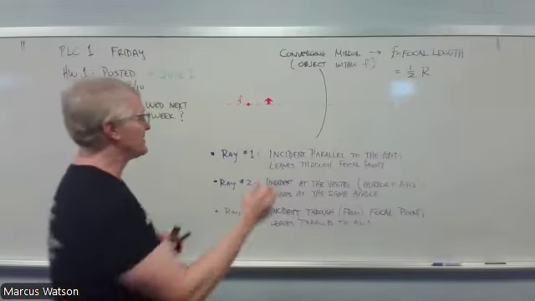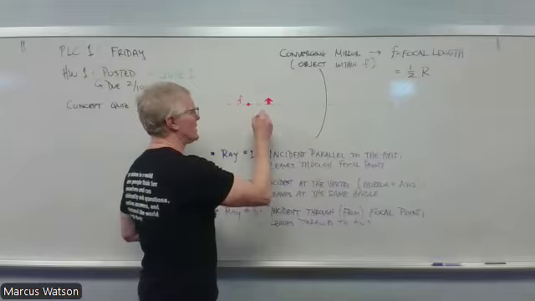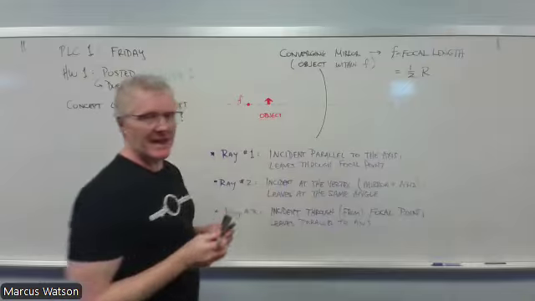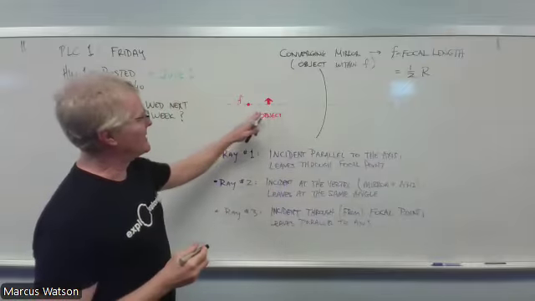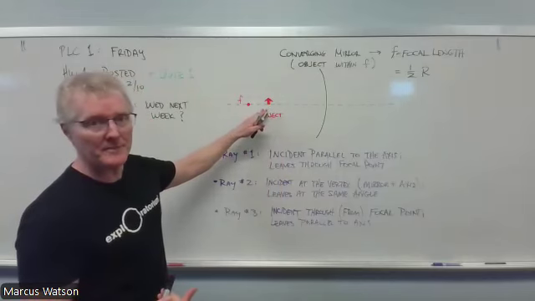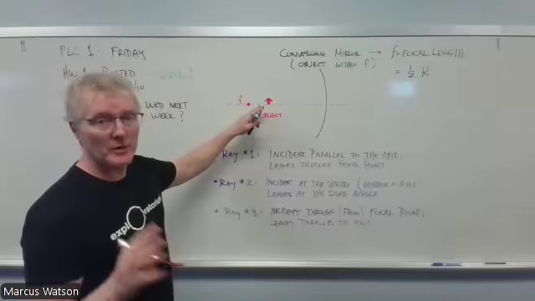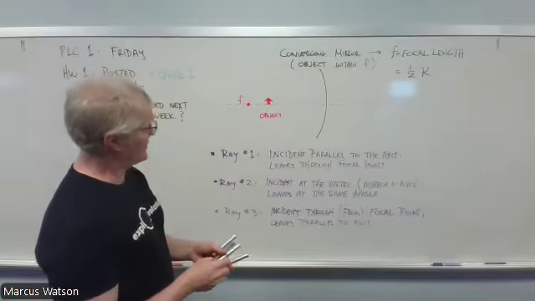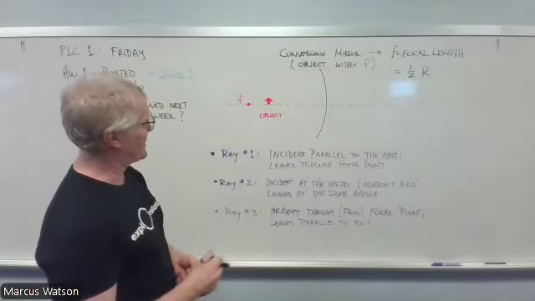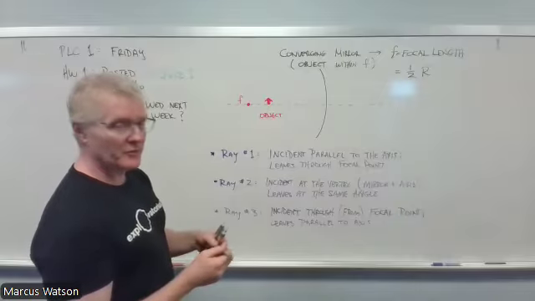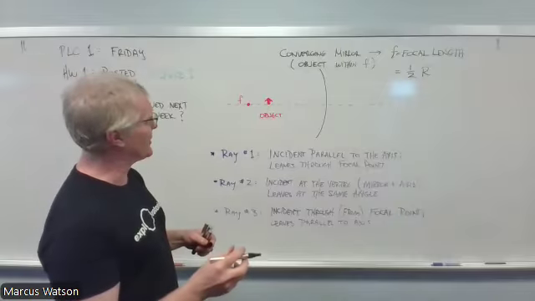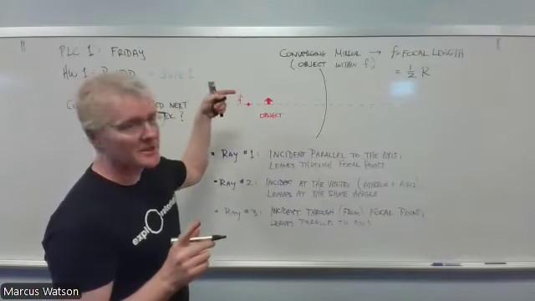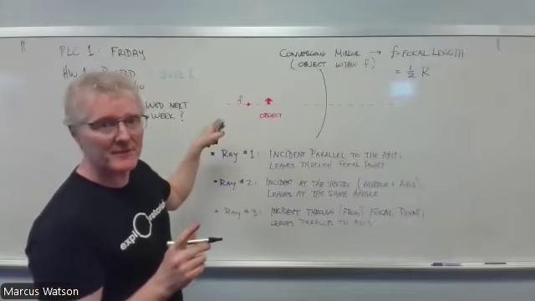So my object here is at a distance away from the mirror, and that distance is less than the focal point. All right. Now we're going to do the same exact thing that we did before. We're going to do a ray coming from the top of the object and going in. A ray coming from the top of the object, incident parallel, leaving through the focal point.